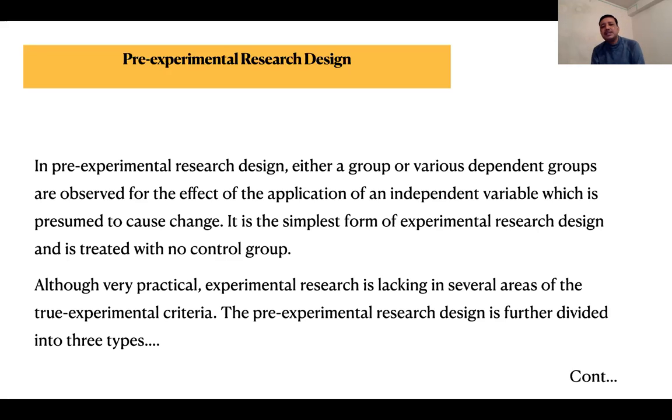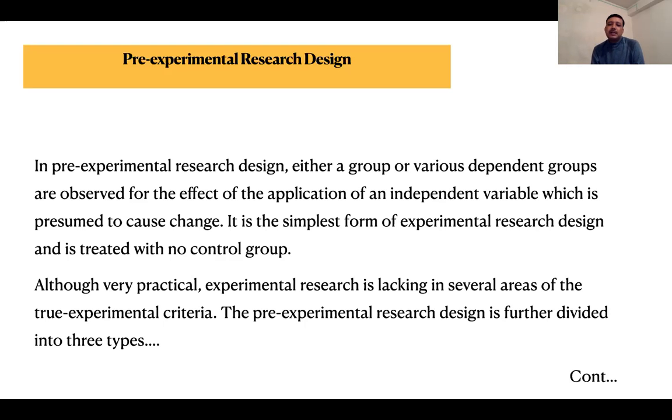In pre-experimental research design, either a group or various dependent groups are observed for the effect of the application of an independent variable, which is presumed to cause change. It is the simplest form of experimental research design and is treated with no control group. Although every practical experimental research is lacking in several areas of true experimental criteria.